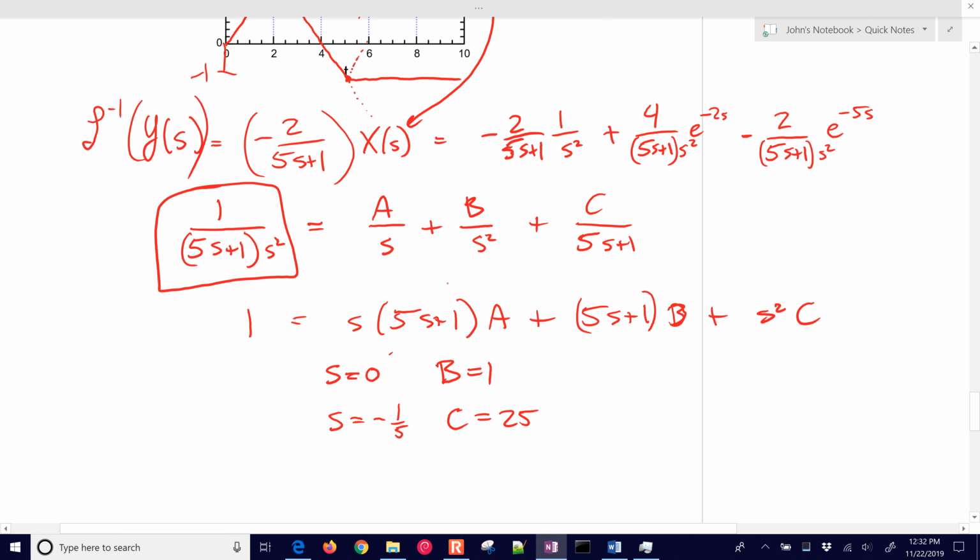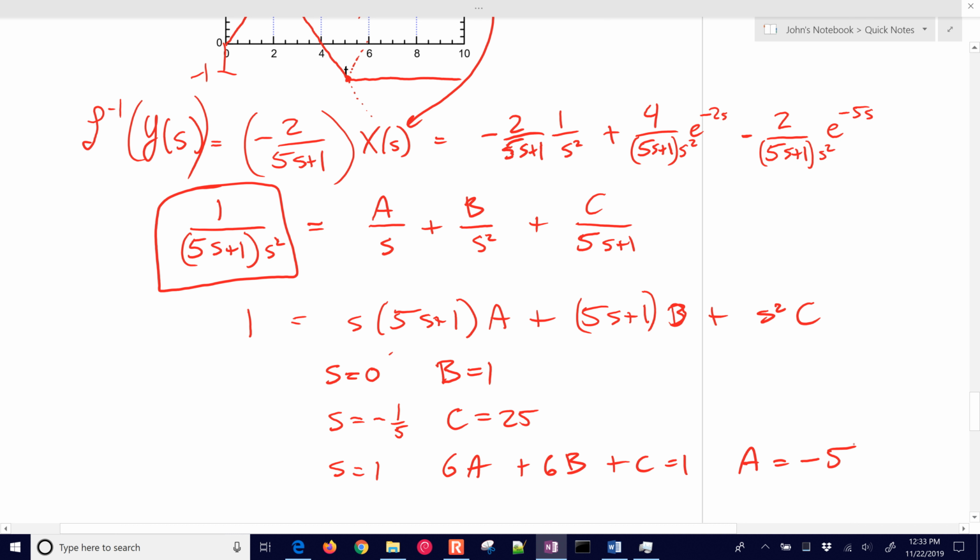Let me clean that up again. Now I can just pick another s value. I'll pick s equals 1. That one will be easy, and it'll give me 6a plus 6b plus c equals 1. That is going to give me a value of a when I plug in the b and c values. A is just going to be equal to -5.